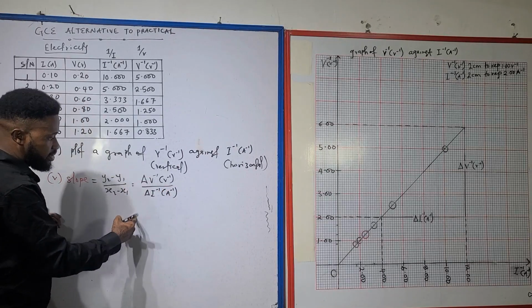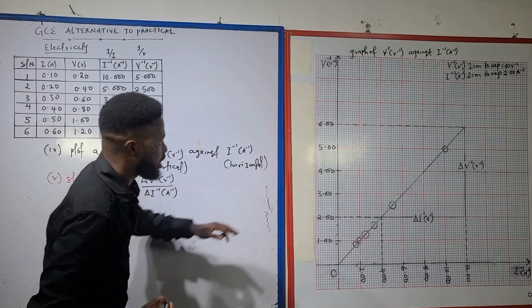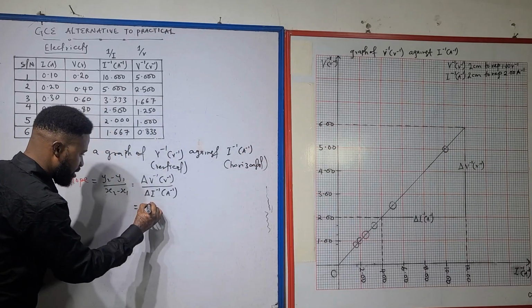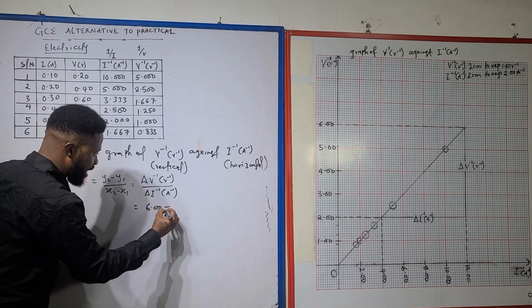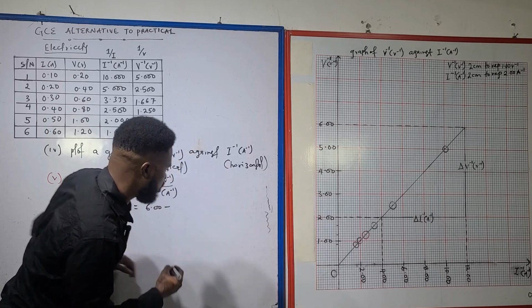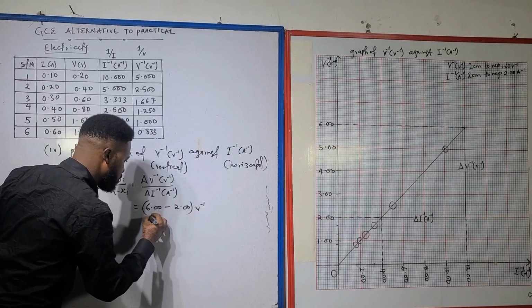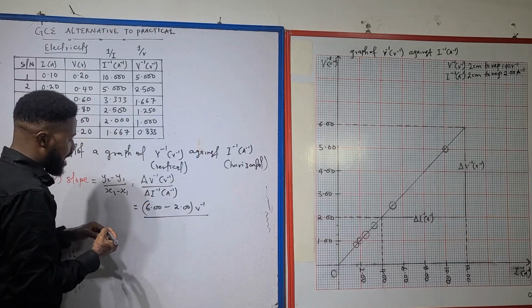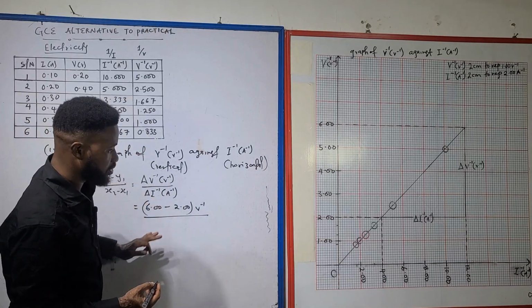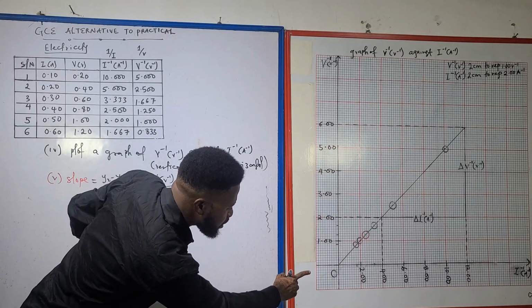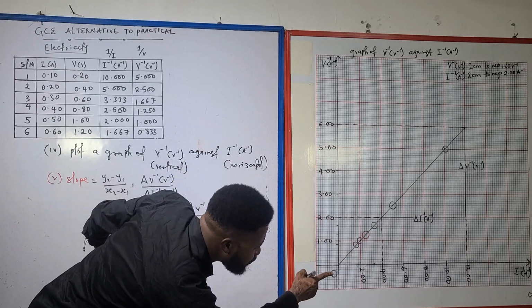So I have 6.00 as my y2, take out 2.00, and that's going to be in per volt, divided by, for the inverse of the current, I'm looking at 4 and 12.